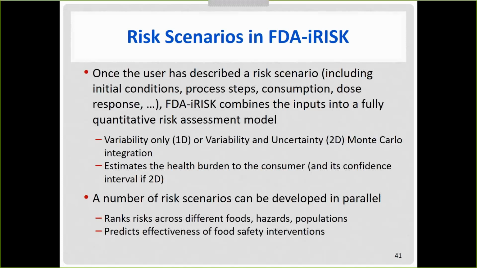Again, a number of scenarios can be developed for ranking risks across different foods, different hazards, different populations, as well as predict the impact of different food safety interventions, as Greg illustrated.